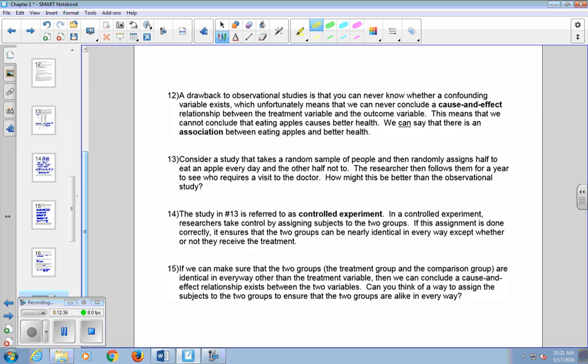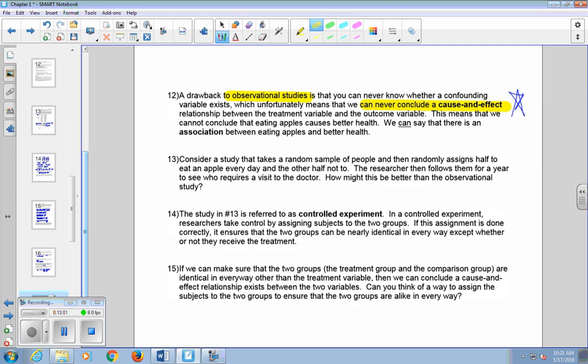So this is number 12. We want to star this. This is a very important conclusion: observational studies never conclude cause and effect. As soon as you see a study is observational, you know that you cannot conclude cause and effect, no matter how tempting it is. You can just say that there's an association.